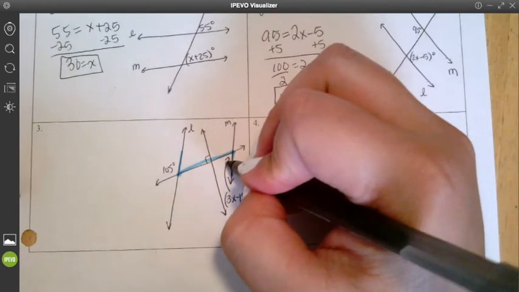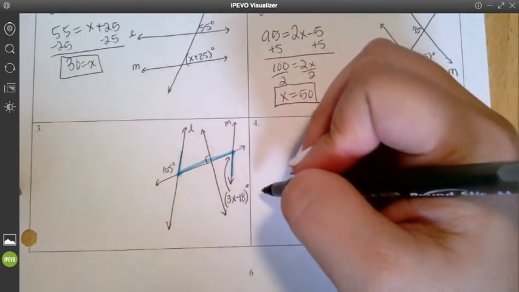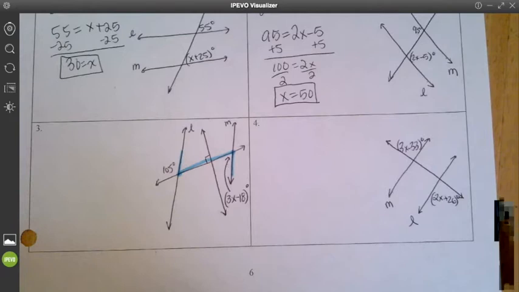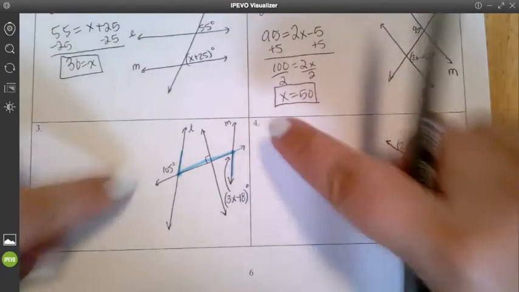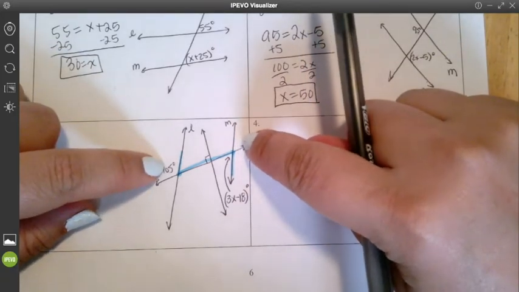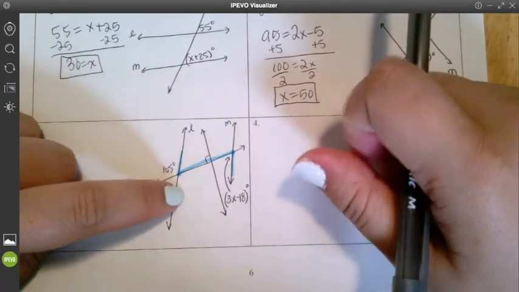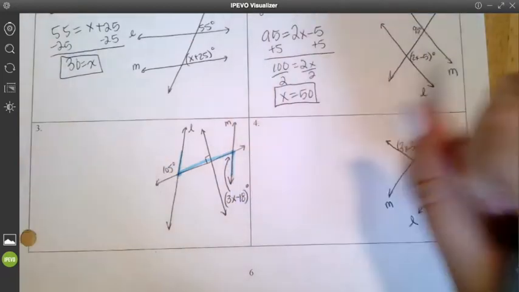This is the one where we need to do a vertical angle first, and then we'll be able to compare. If I do this as a vertical angle, these two angles will be consecutive.